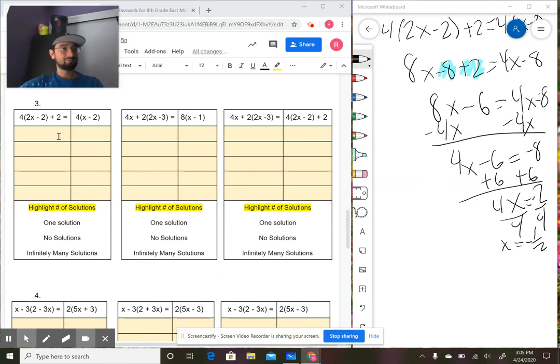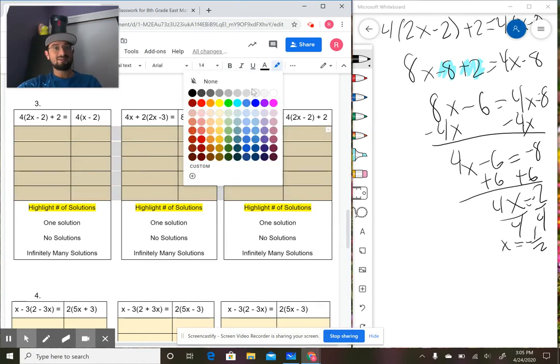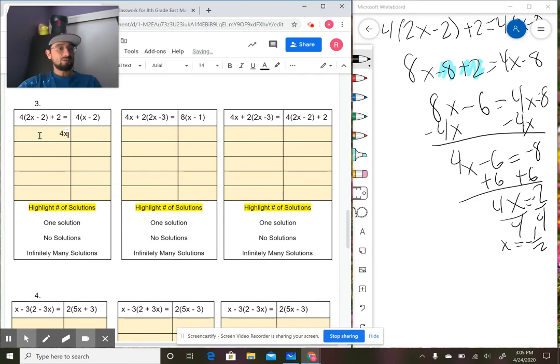So now, 4x minus 8 plus 2 is equal to 4x minus 8. That's going to be 8x minus 2.